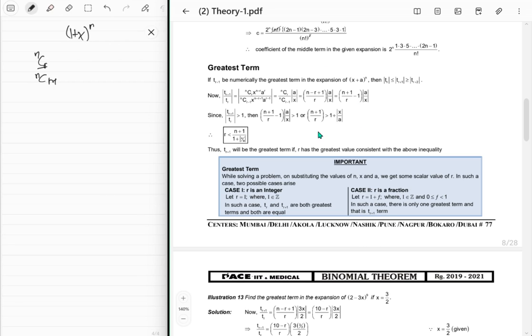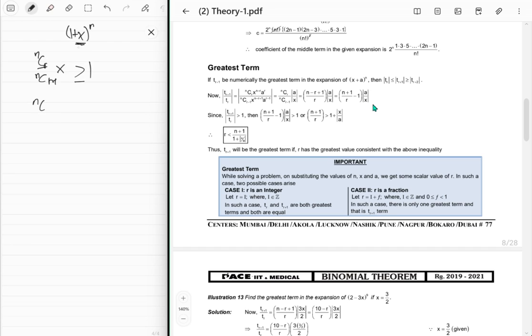So it's just the ratio of the second thing to the first thing. This will be just x because of one more, right? So that thing should be less than 1. Oops, it will actually be bigger than or equal to 1, sorry, because T(r+1) is bigger than T(r).